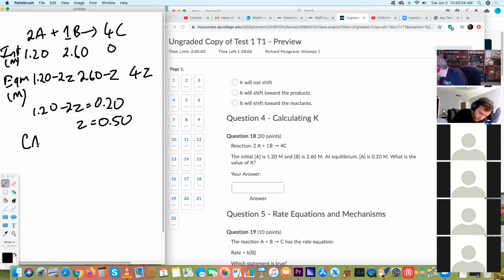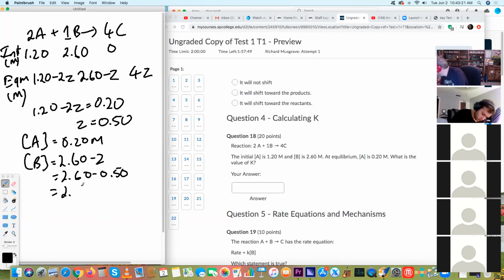So let's look at A. A, we know, we're told what it is. It's 0.20 at equilibrium. B is going to be 2.60 minus Z, which is 2.60 minus 0.50, which is 2.10.